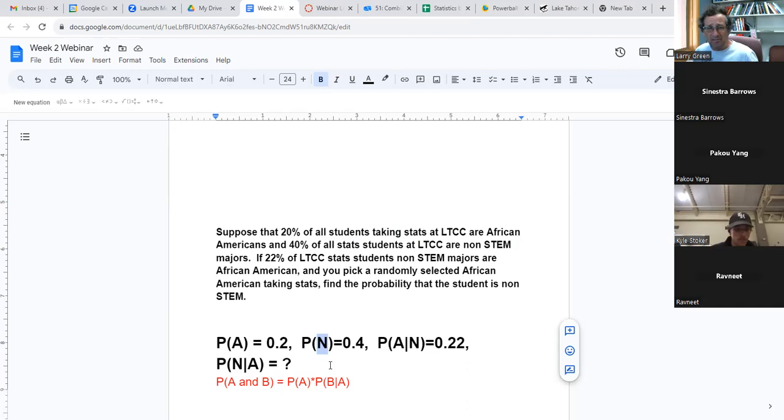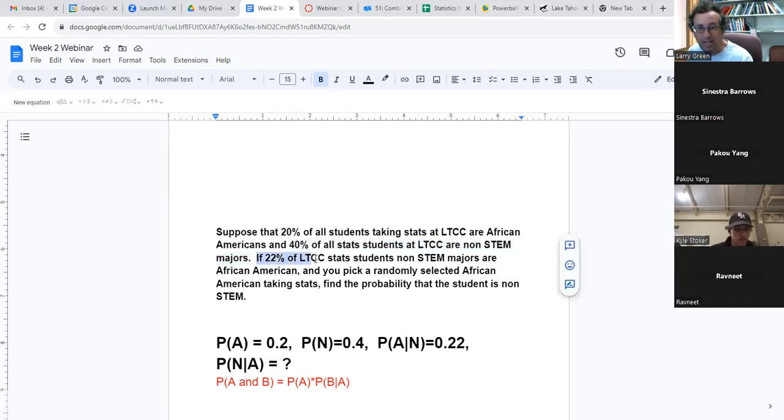If there are 2 words that have the same first letter, you might want to use a couple of letters, or get creative and use a synonym for one of the words. In this example, I made sure that there aren't any of those issues. So P of N equals 0.4, and that's because 40% as a decimal is 0.4. Any questions on taking this second phrase and turning it into a probability statement in symbols? Okay, next.